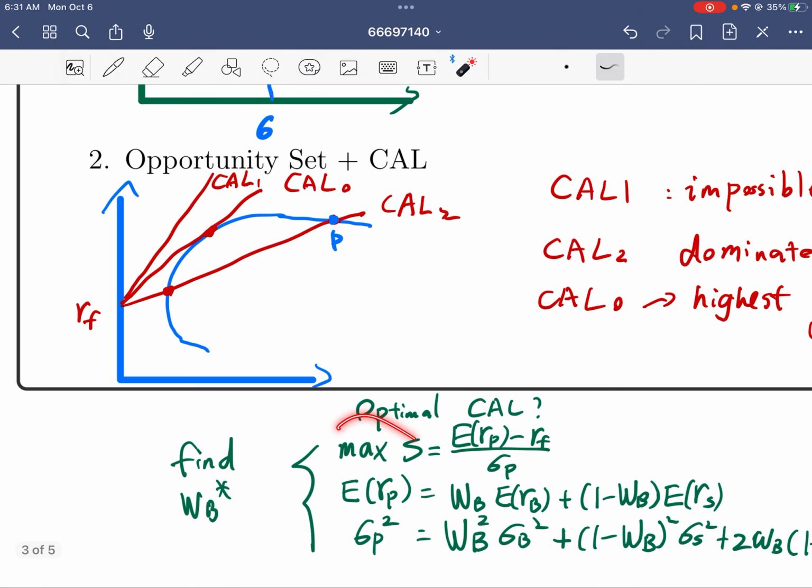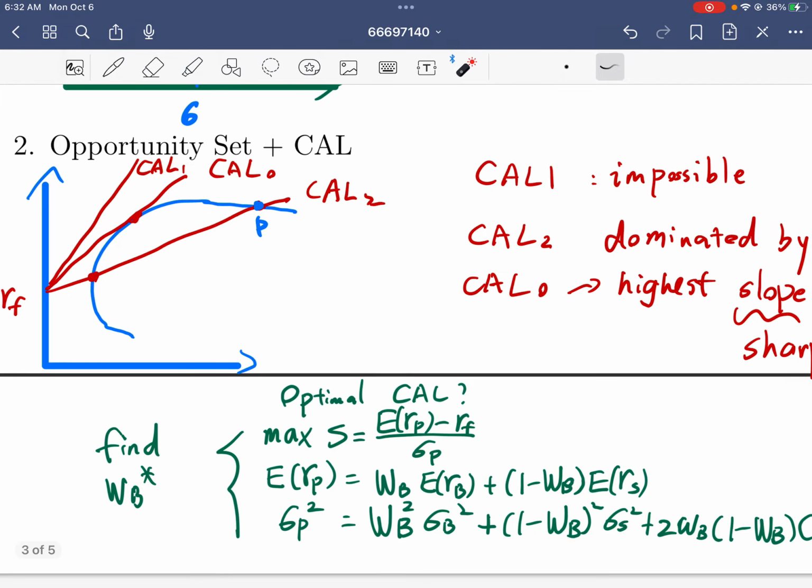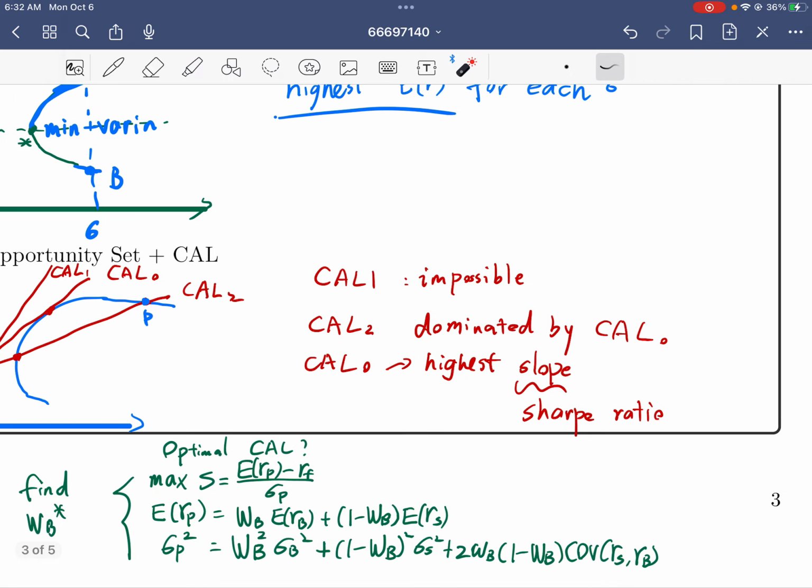So how do we find the optimal capital allocation line? We're trying to find the portfolio with the highest Sharpe ratio, so we want to find the maximum of the Sharpe ratio. We can simply plug our equations for the expected return and the standard deviation of the portfolio into the Sharpe ratio equation, then differentiate it by the weight of one of the assets.